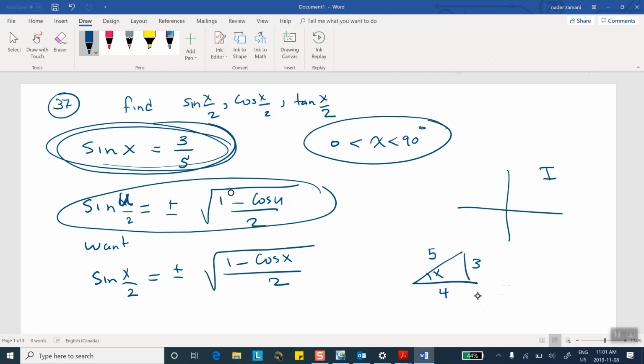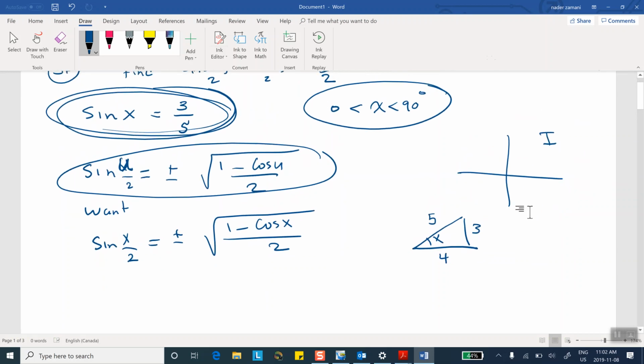So cosine of x from this drawing is 4 over 5, and it is positive.